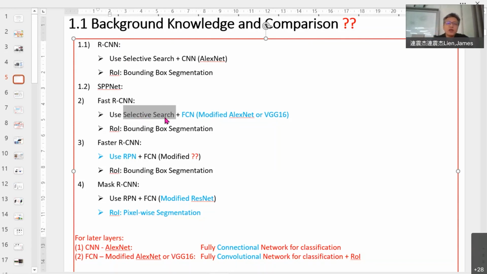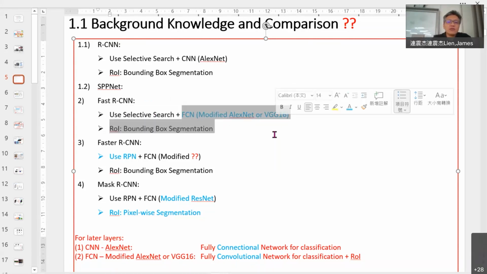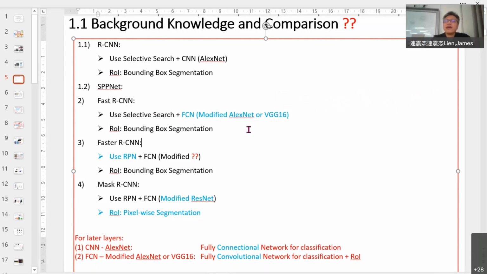We extract this region and use AlexNet or VGG16 for classification. So the first RCNN combines computer vision and deep learning, and it can do detection and classification.